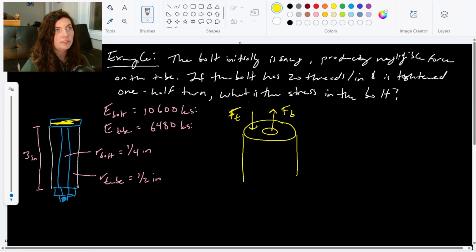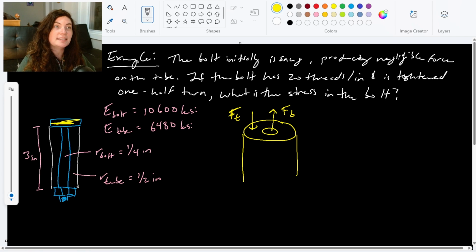These are the internal reactions in our free body diagram. So our bolt is pushing up and our tube is pushing down. They're each taking a give and take of the force, right? Tightening that bolt.